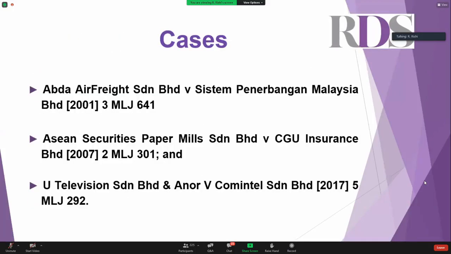And here I will go straight very quickly to deal with two important cases I thought will be interesting to share today. The first case, Abda Air Freight, was to just prove the point that courts have, in situations where it is not only technical or scientific evidence per se, still dealt with or accepted testimony of experts.